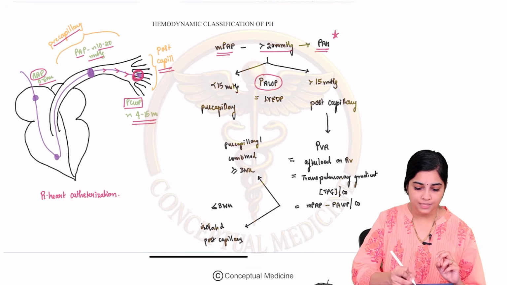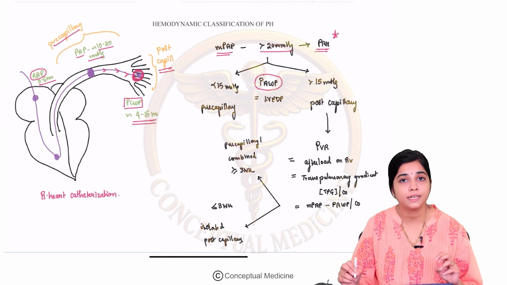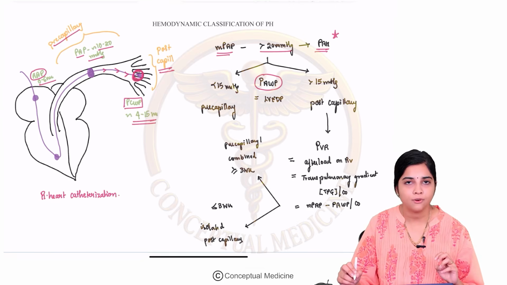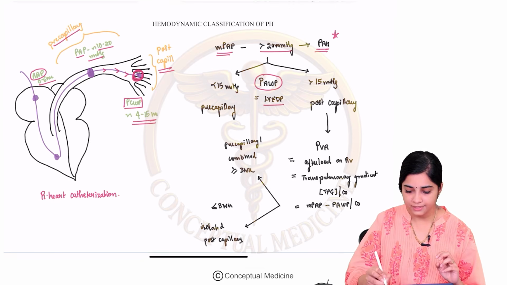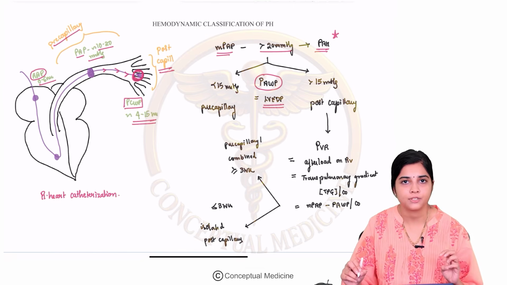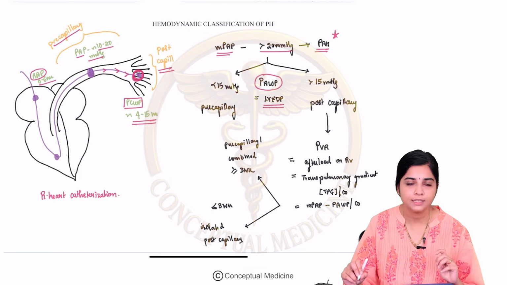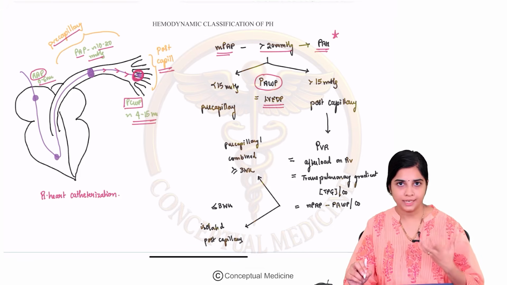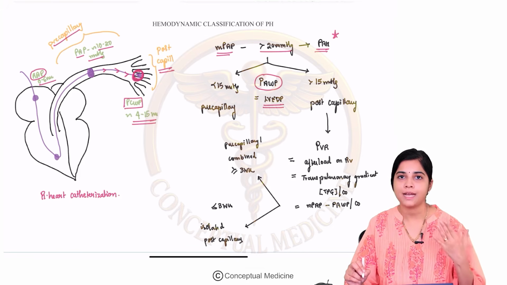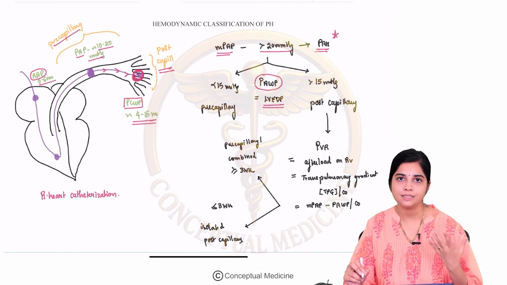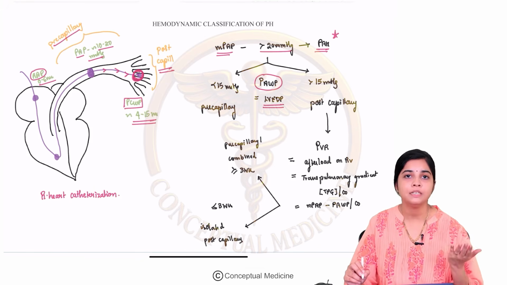And what is the pulmonary arterial wedge pressure basically indicative of? It is indicative of your left ventricular end diastolic pressure. What is the meaning of that? Basically the LV pressures will be back reflected to the LA pressures, and these LA pressures are back reflected into the pulmonary pressures.